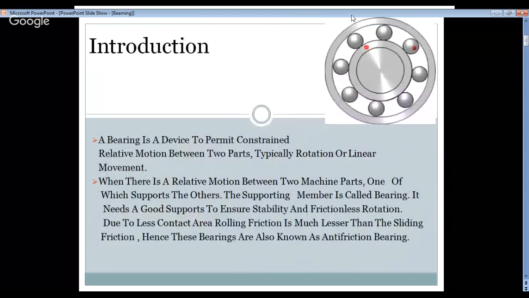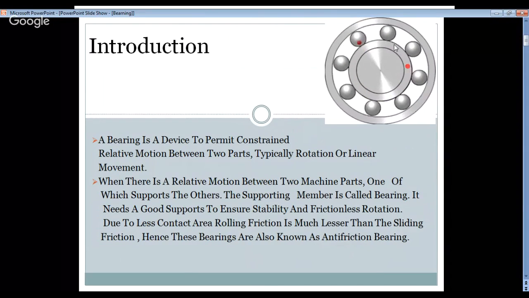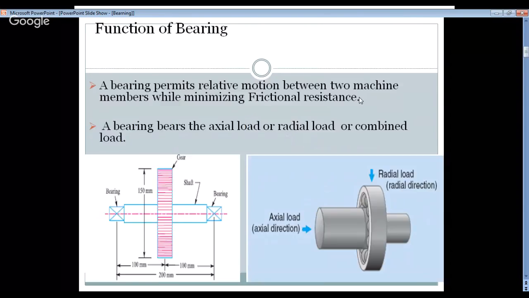Like that. The inner race is rotating here, while these rolling elements roll about the x, y, z axes. It means that there is no constraint of rotary motion for this ball, while there is a constraint of linear motion of this ball.